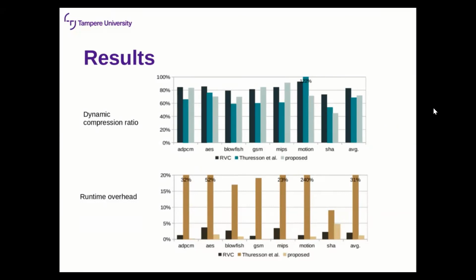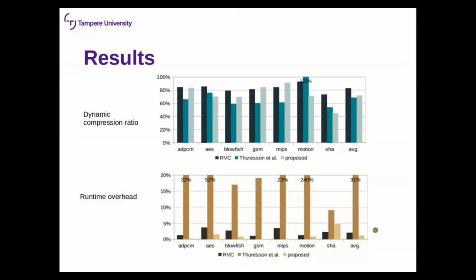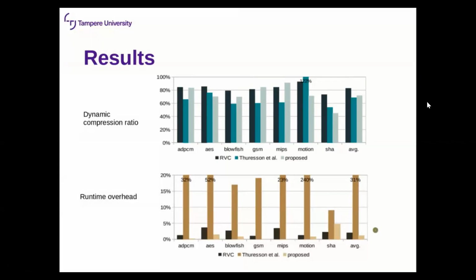Since we do the programming before program hotspots, we're able to reach on average around 1% overhead. Of course, the RISC-V compressed does not have this overhead since it doesn't program any dictionaries. The overhead you see here is due to compiler differences between the RISC-V compressed and normal.